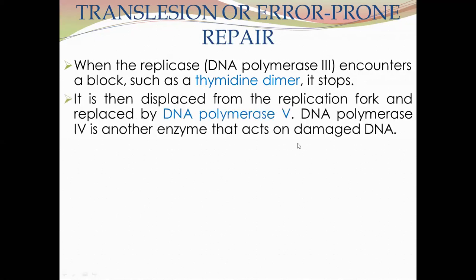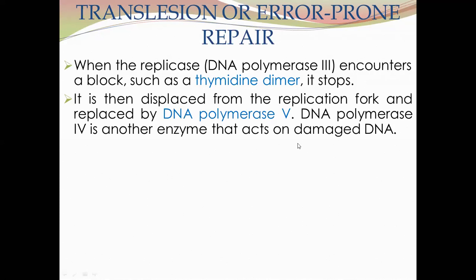And then it is displaced from the replication fork and it is replaced by DNA polymerase V. This DNA polymerase V can act on damaged DNA. So DNA polymerase V has the potential to act on damaged DNA.